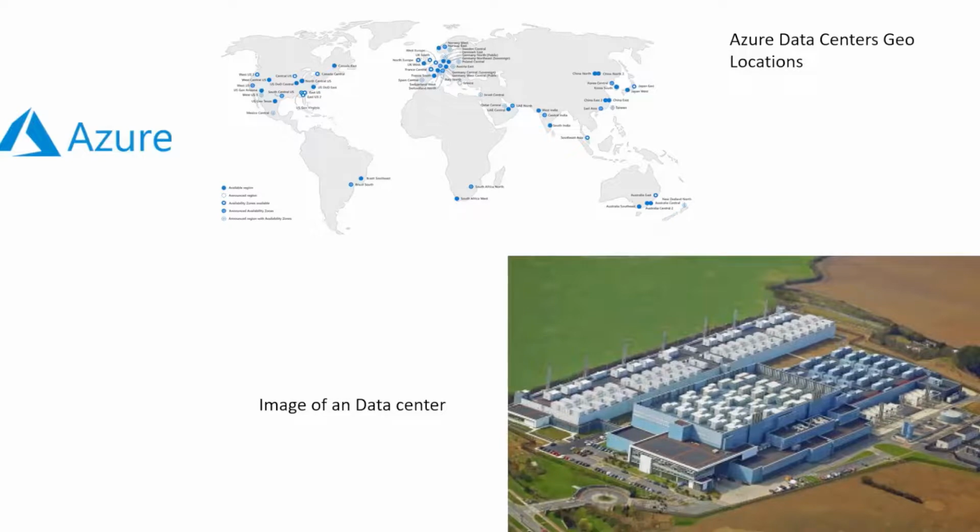Whatever you were doing with on-premises hardware, you can directly have on cloud and use it over the internet. But even if it is in cloud, it needs to be stored somewhere. So Microsoft has created many data centers across the globe. This is one picture of a Microsoft data center, I believe from Dublin.